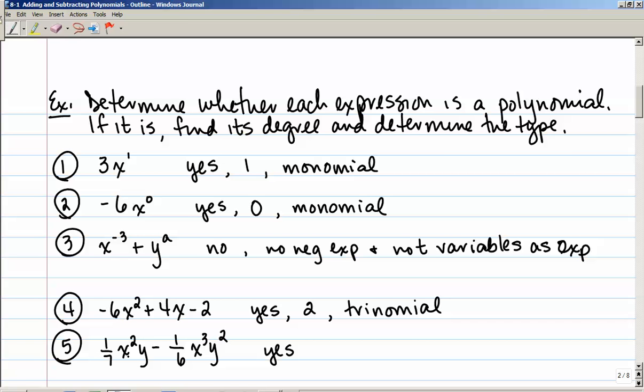The degree of that would be 3, because it's x squared and y to the 1. That 2 plus 1 is 3, so the degree of that term is 3. Now -1/6 x cubed y squared, the degree of this term is 5. Add up the exponents. And to find the degree of the total polynomial, take the larger one. This degree was 3, this degree was 5, so the degree of my polynomial is 5. And since there are 2 terms here, this is a binomial.